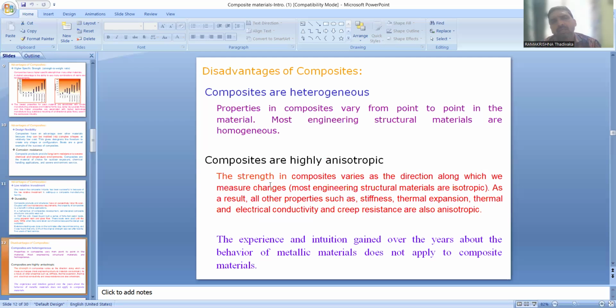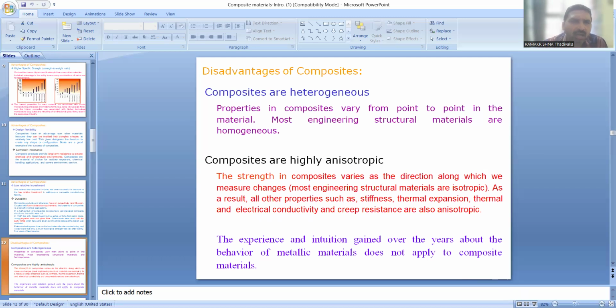Next, composites are highly anisotropic, right? Yes, anisotropic means the strength in composite varies as the direction along which we measure changes, right?